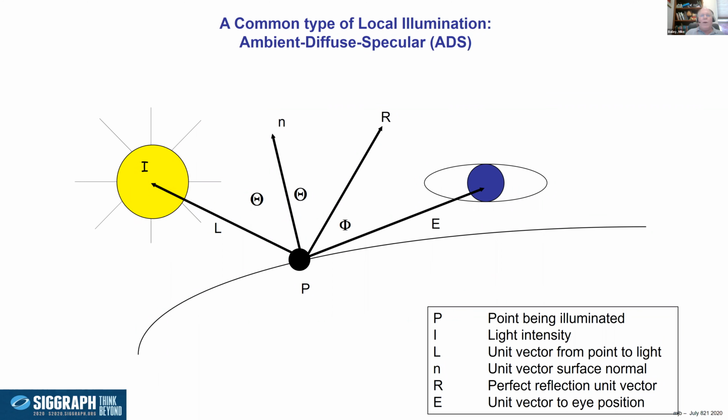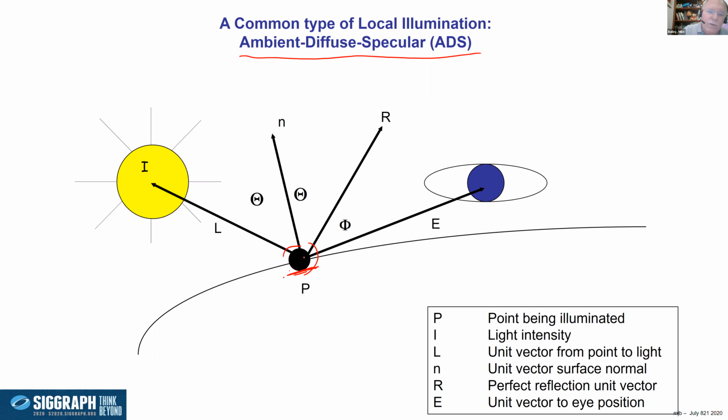All right, the dirt simple way of doing lighting in computer graphics. I mean, so dirt simple that you probably don't do this except when you're teaching computer graphics to people, is called ambient, diffuse, and specular. Okay, it works like this. First of all, here's the point we're illuminating. There's an underlying triangle or vertex sitting there.